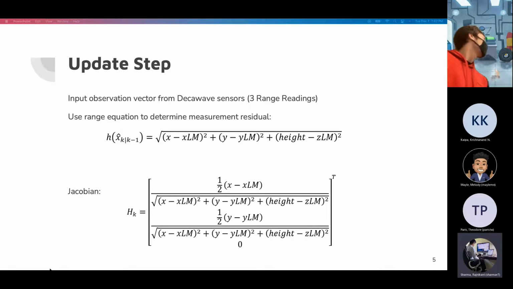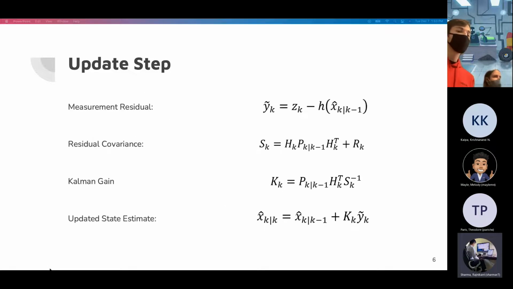For our update step, we use the range equation to determine h, which uses the distance of the state minus the distance of the known landmark at each point. Then taking the Jacobian, we get capital H, which is used in the later equations. So these are the full equations that we used. Our measurement residual is the true state minus the predicted state.